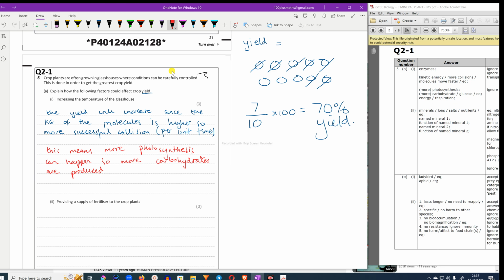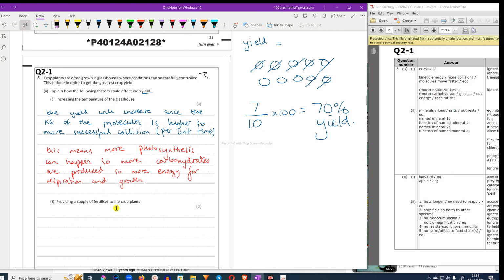So therefore you have more energy, so more energy for respiration, and yeah, growth. Okay, so that's for the temperature. That was for the temperature.